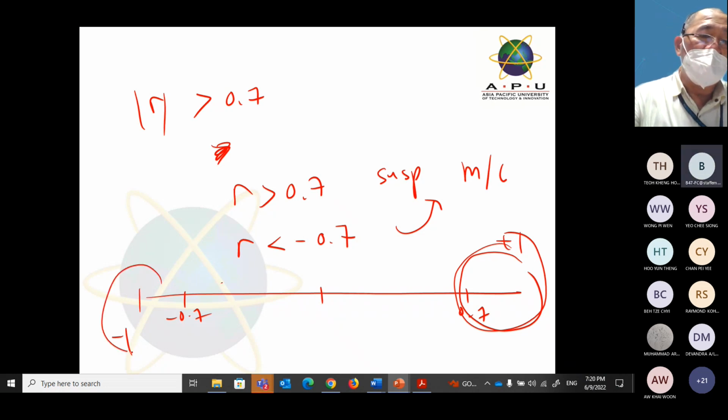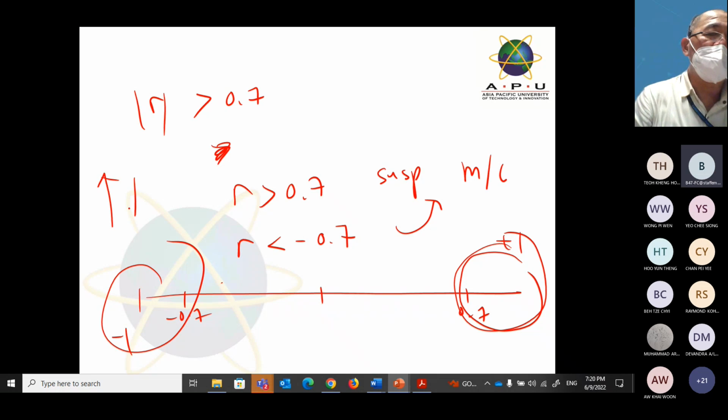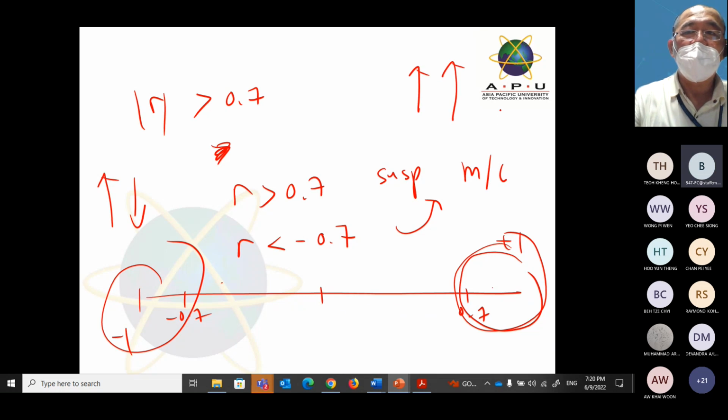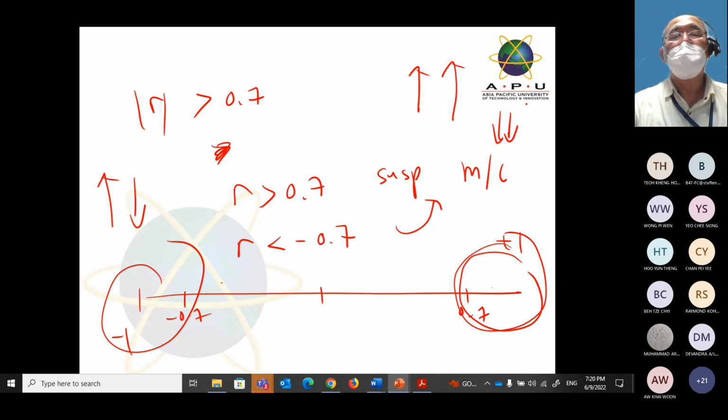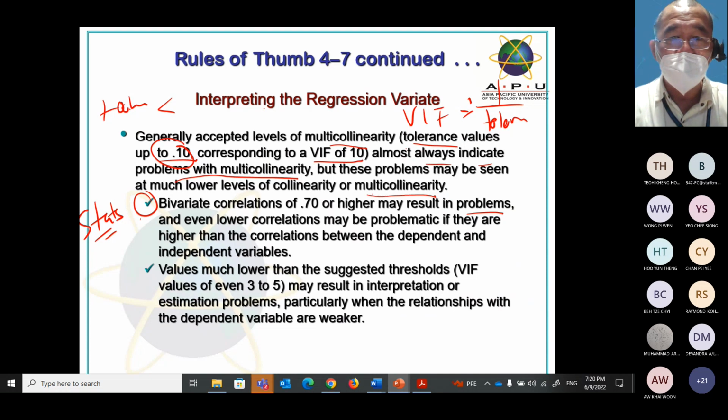But in this area, also a strong relationship between the two variables, but negative. It means an inverse relationship: one increases, another one drops. If positive, both increase or both drop. So be careful here. Refer to more than 0.7, and also refer to less than negative 0.7.